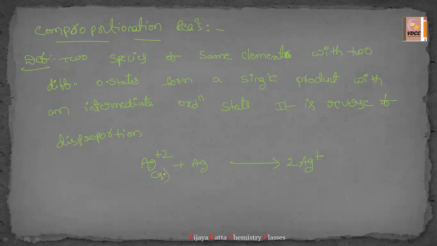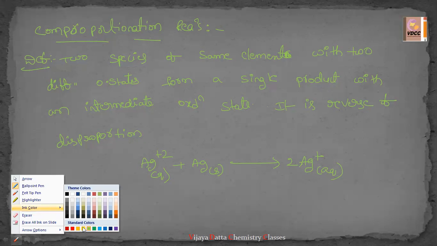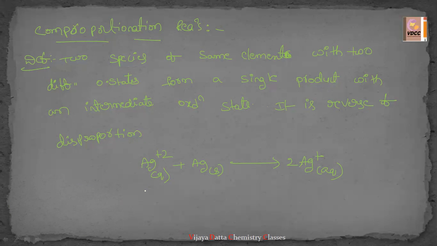The physical states are aqueous, solid, and aqueous. Okay, let us see here. Ag²⁺ is already given here as +2 oxidation state. Ag is in elementary state, its oxidation state is 0. Here it is showing +1 oxidation state.